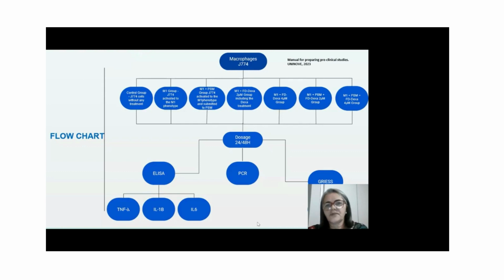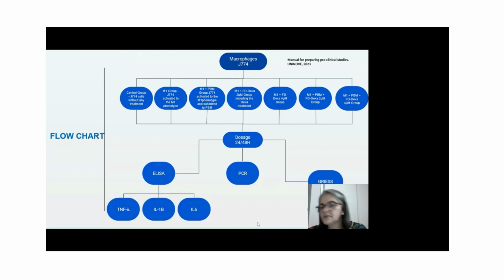At the end of the incubation, the culture medium will be collected and the total protein will be quantified using a NanoDrop nanospectrophotometer. The levels of the cytokines IL-6, IL-1 beta, and TNF-alpha, as well as nitric oxide, will be analyzed using ELISA and the Griess method, respectively.